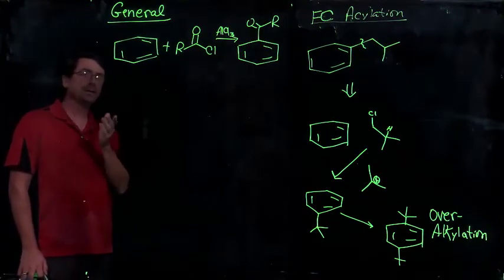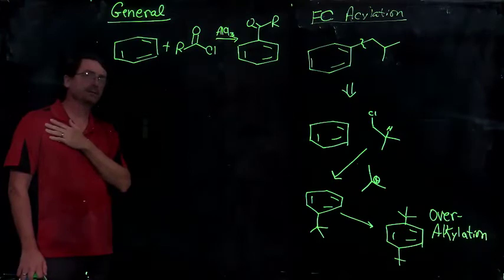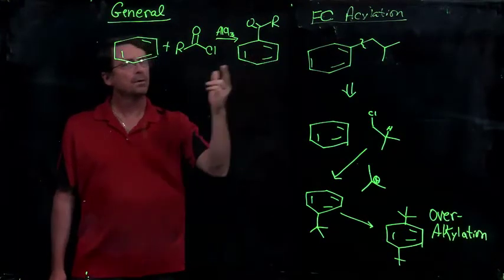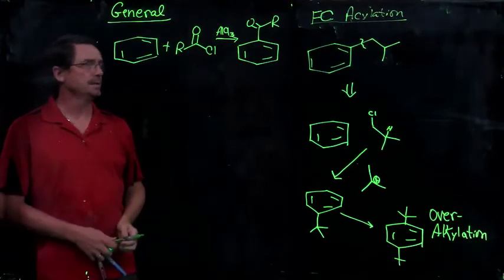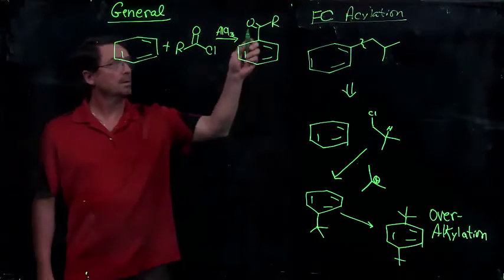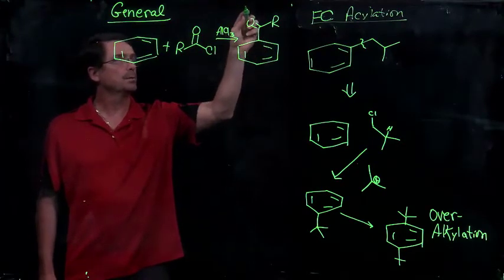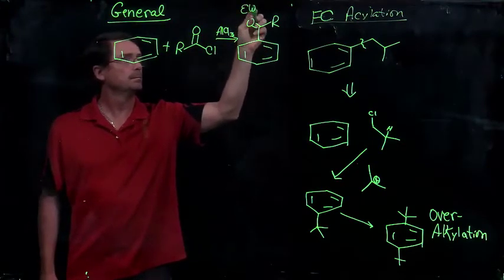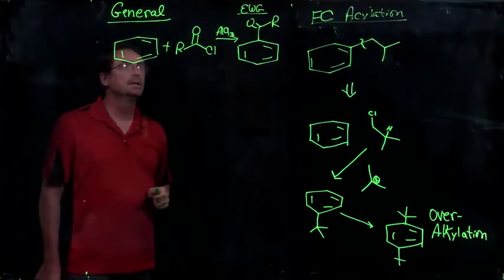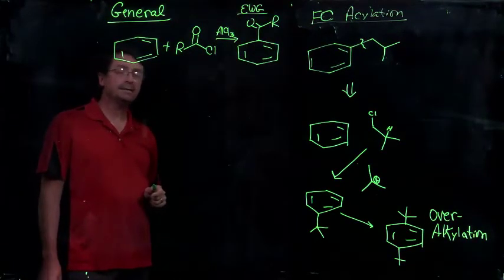Now, think about the reactivity of this product. Is this product more reactive or less reactive than benzene? What do you think? Well, a carbonyl is an electron withdrawing group. It's a meta director, and so this is a deactivating group.